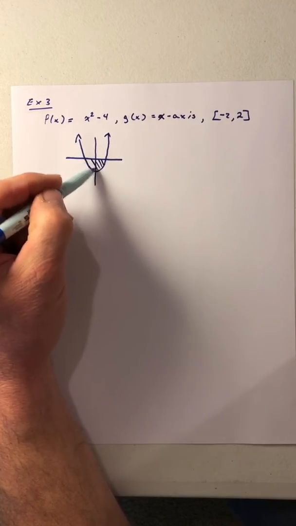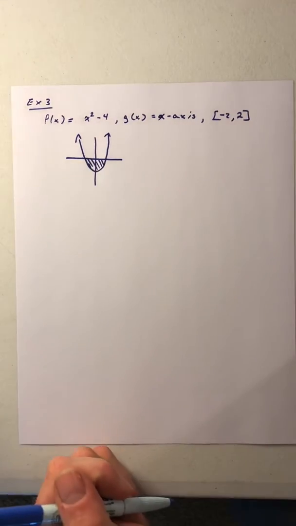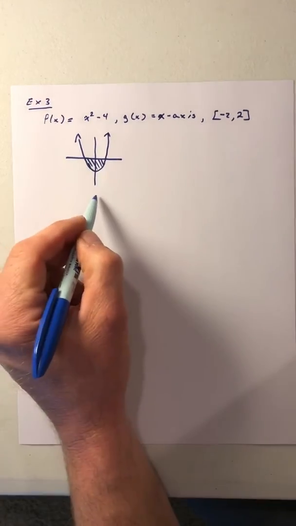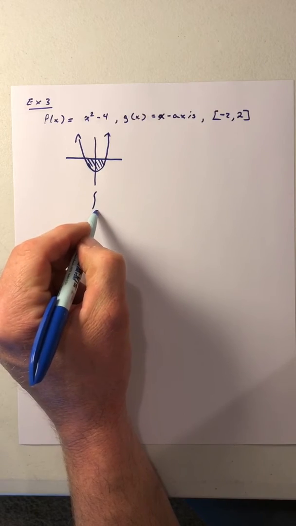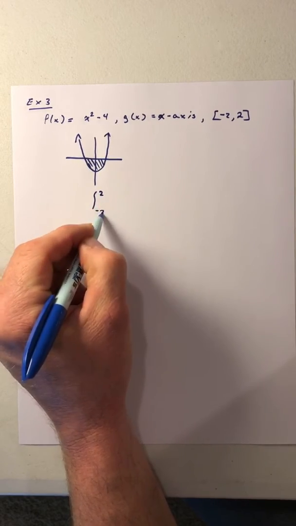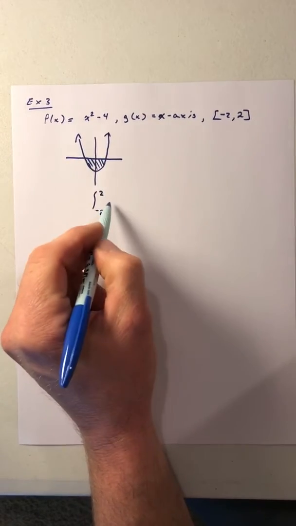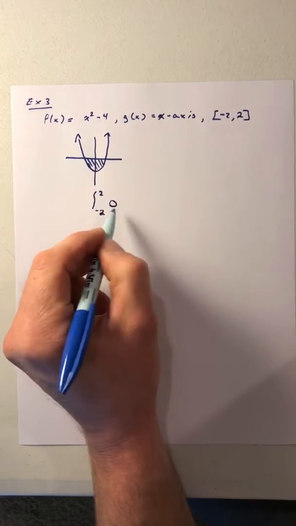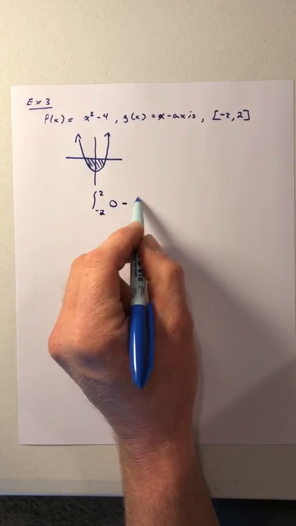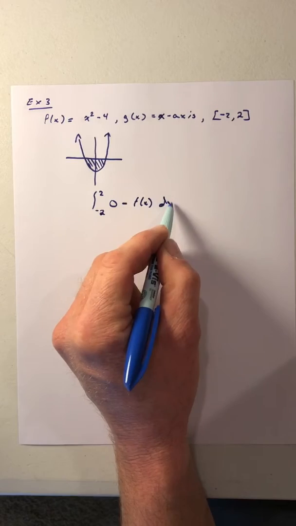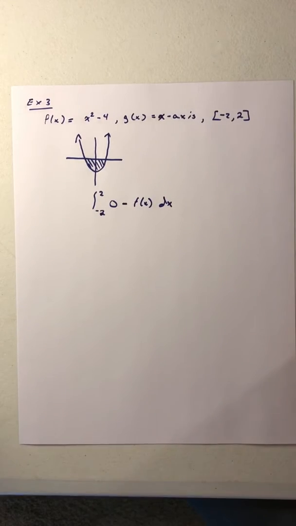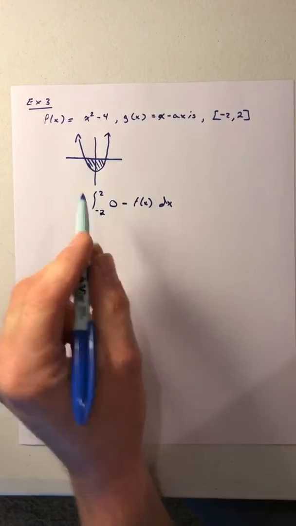So we're looking at this area created down here below the x-axis again. So we're going to integrate from negative 2 to 2 of that function below the x-axis, so we have 0 minus f of x dx is the way it's going to get set up. We could throw this in a calculator, or we could do this by hand.